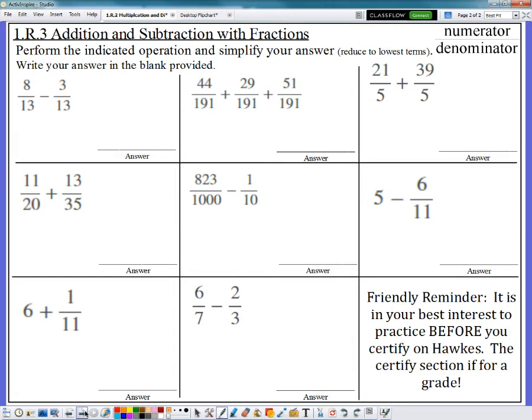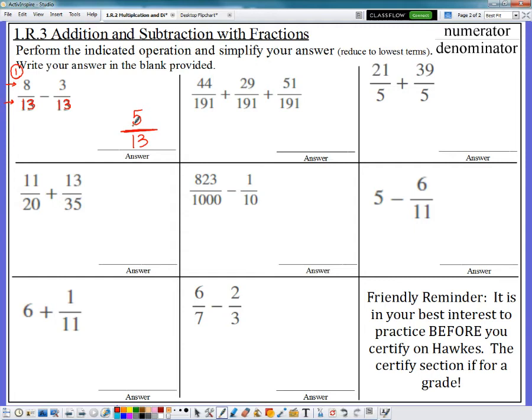So for example, if you look at number 1, number 1 is super easy because we have some fractions, numerator, denominator, and if you look, our denominators here are the same, so this is very easy. We have 8 over 13 minus 3 over 13. So in reality, we know our denominator is going to stay the same, it's 13, and we're just going to subtract the numerators. 8 minus 3 is 5.